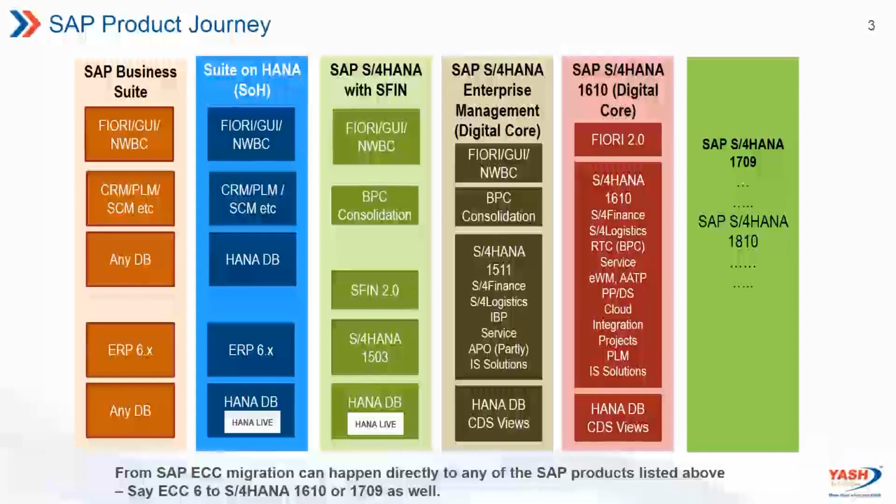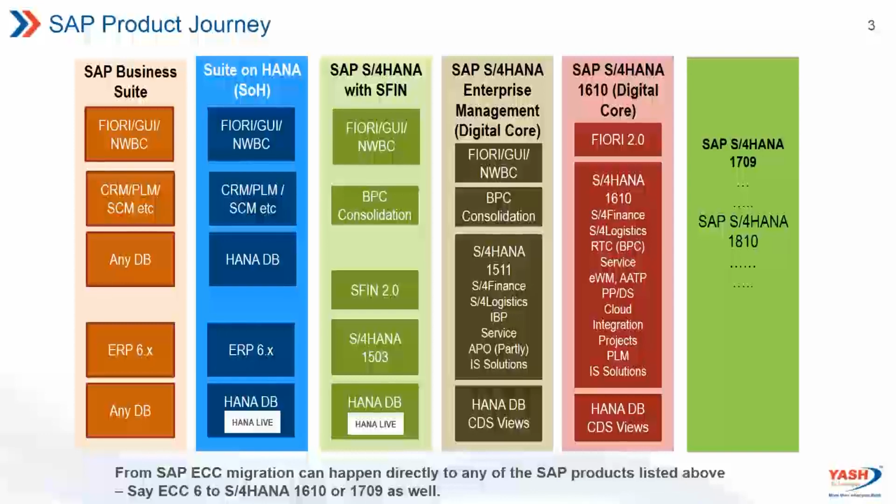SAP would continuously be innovating on the S4HANA platform, and you would have subsequent releases every year. The next in the sequence would be 1709, and then possibly 1810 and so on. By 2025, SAP is going to stop the support for applications running on any DB, meaning SAP running on ECC, on any database.